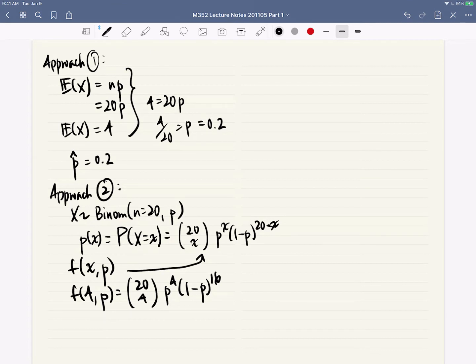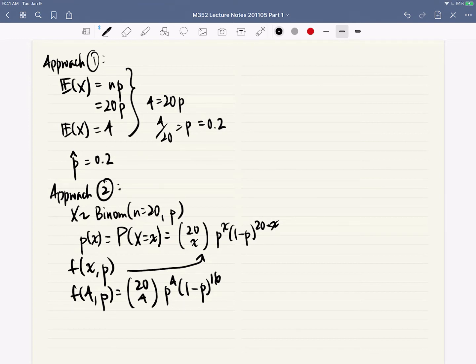So this is our probability distribution. This is the function that associates the probability of x equals 4 with the various values of p.